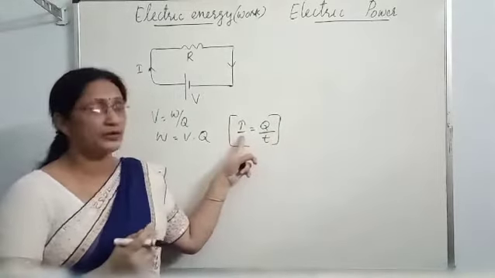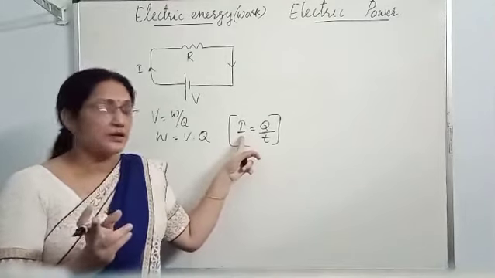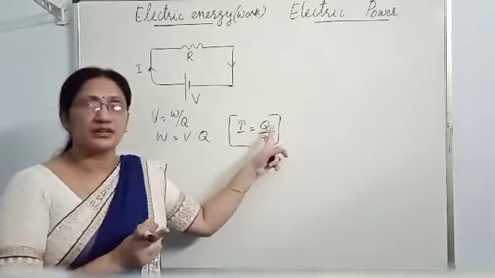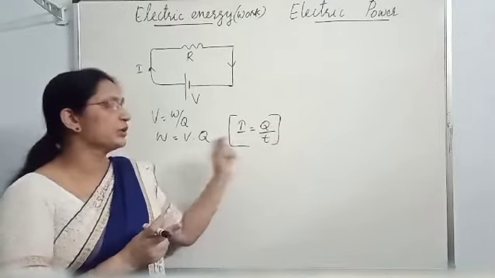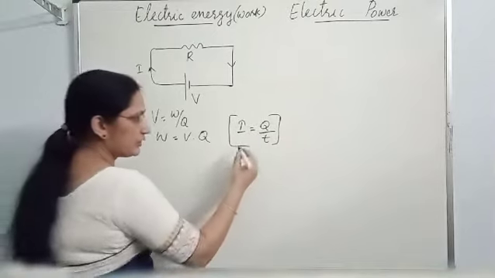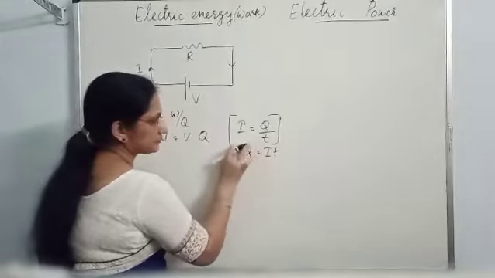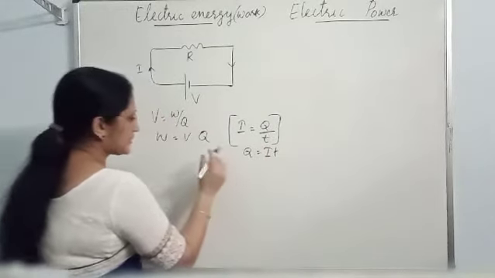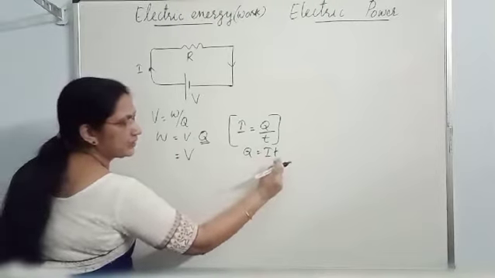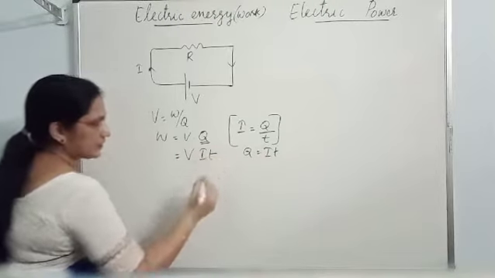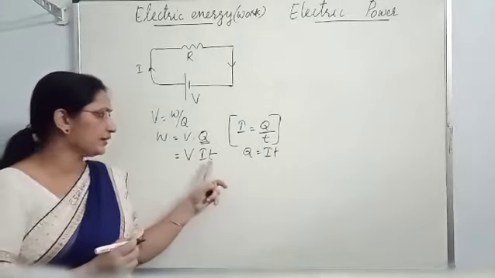Current you can find out by using the Ohm's law formula if you know V and R. If you know the charge flowing in the circuit and time, you can find out the current by using the formula I is equal to Q by T. Then from this formula you will get Q is equal to I into T. So substitute here for Q. V into Q means V into I into T.